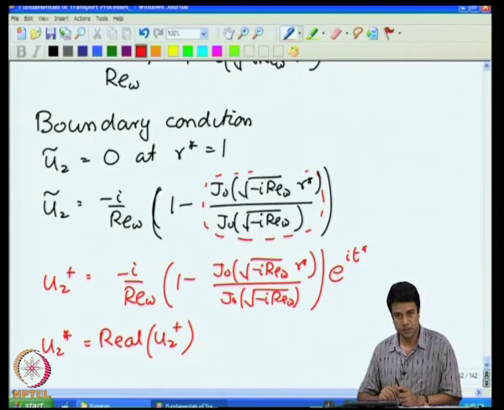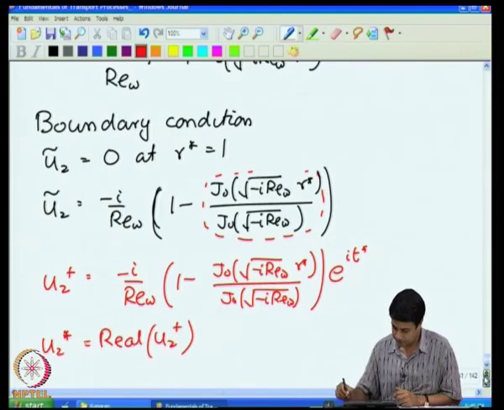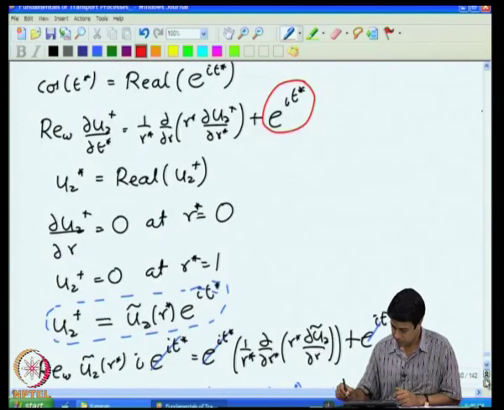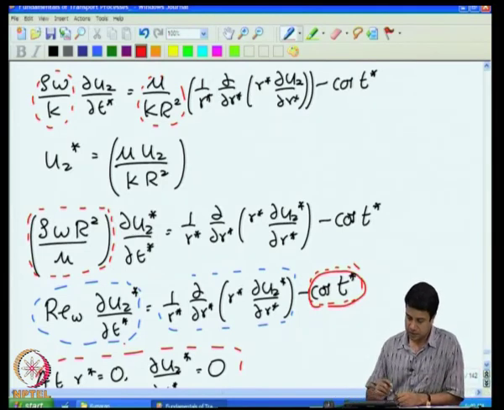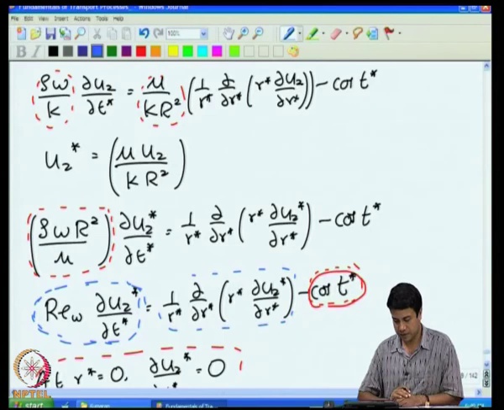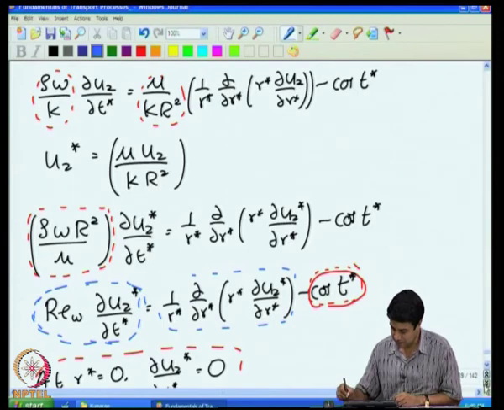When Re omega is small, in this equation I can neglect the left hand side with respect to the right hand side, and I will get 1 by r d by dr of r d u z by dr minus cos t is equal to 0. And this can be solved quite easily.